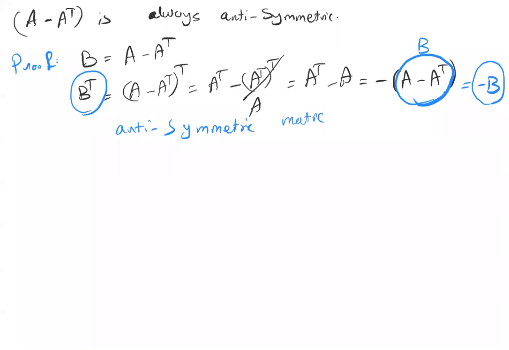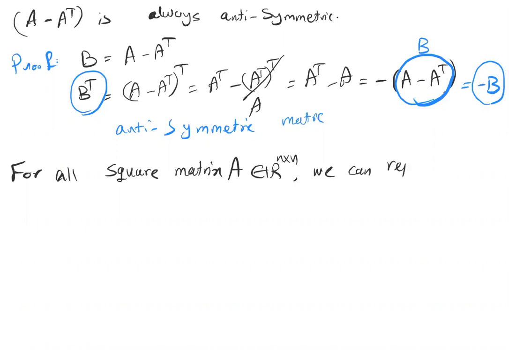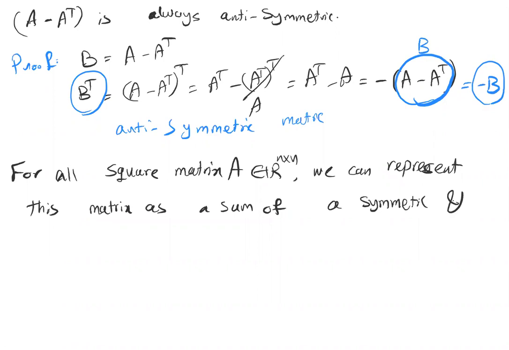Now we can say for all square matrices A, which is n by n, we can represent this matrix as a sum of a symmetric and an anti-symmetric matrix.